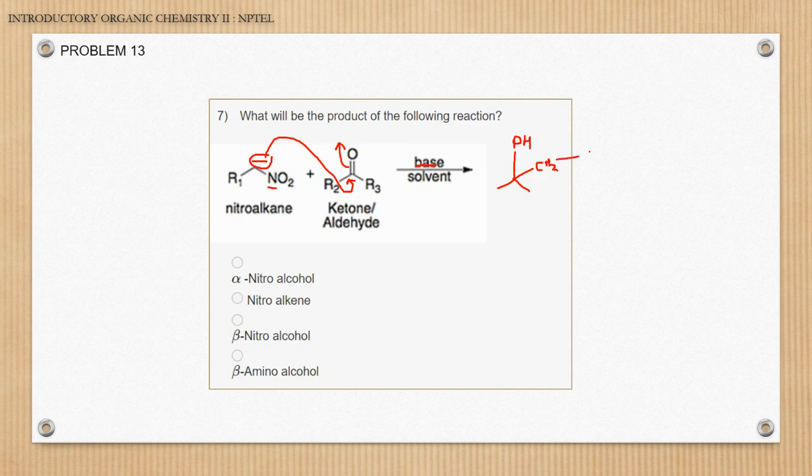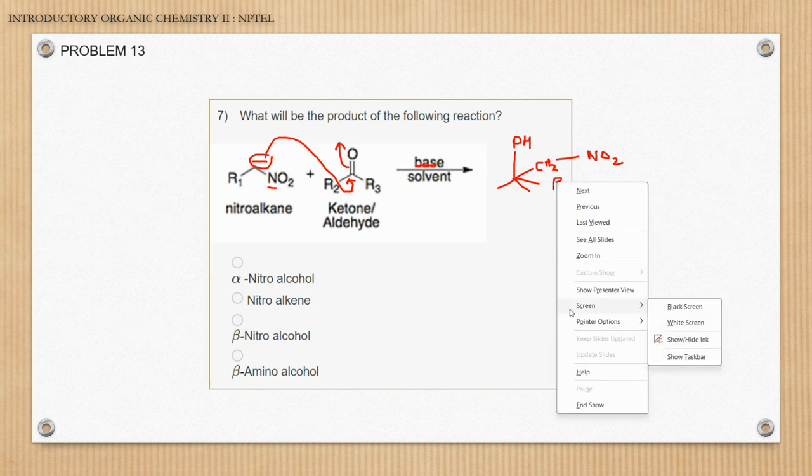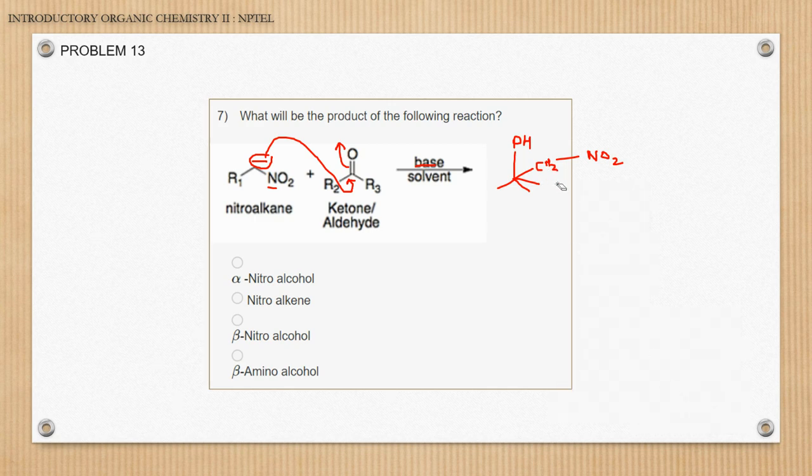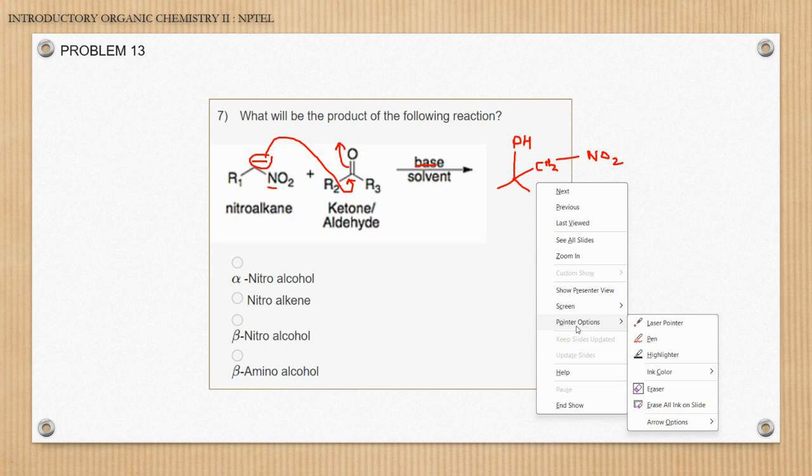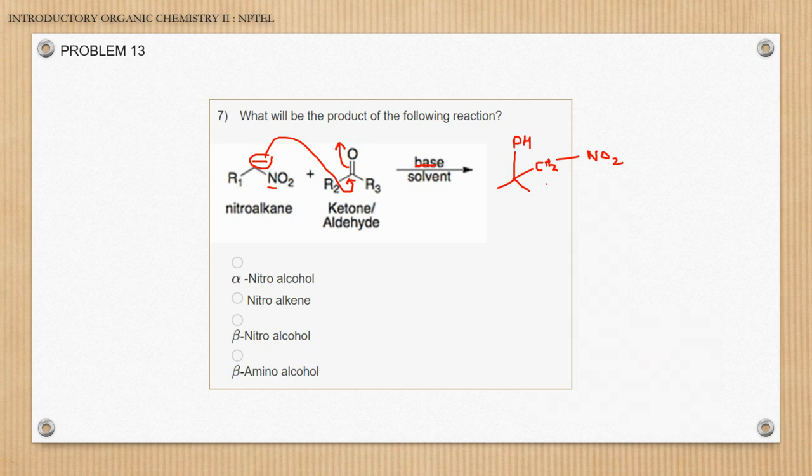And you have NO2, and this position you have R. No, not this position. This position you have R. This is again R. This is again R. Now name it. What is it?